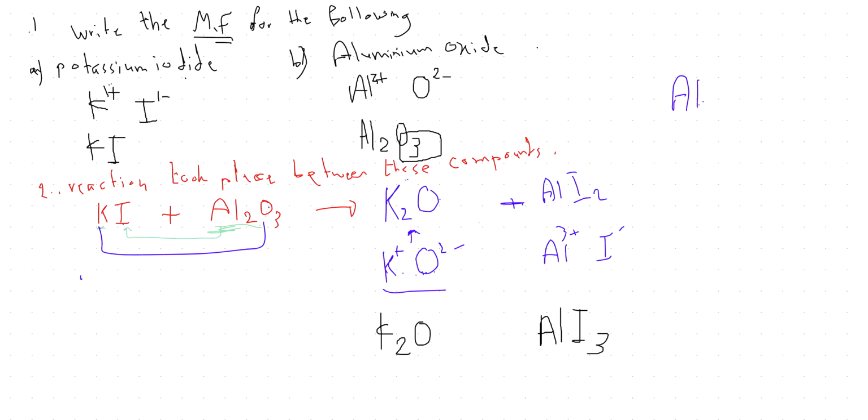I was saying the third group. Okay, it's in group 3. And iodide, is it going to be the second group? No, it's halogens. Let me double check. It's halogens in group 7. So it needs one electron only.